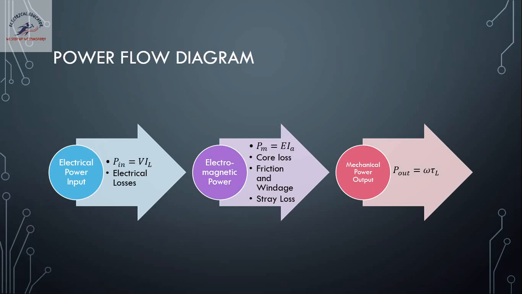This is how the power flows from input side towards the output side, and at each and every stage of power conversion we can see the losses that occur. The electrical power is converted to electromagnetic power, and electromagnetic power is converted to mechanical power. The entire power conversion process takes place in the air gap between the stator and the rotor. This is where the laws of electromagnetics play a vital role.